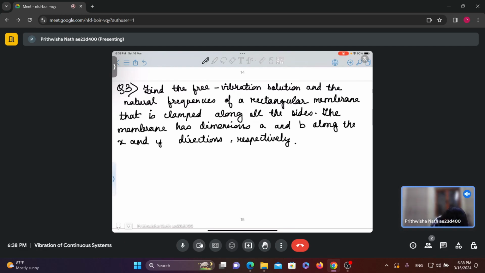So here what do we need to do? We need to find the free vibration solution and the natural frequencies for the rectangular membrane that is clamped along all its edges, and the dimensions are A and B.